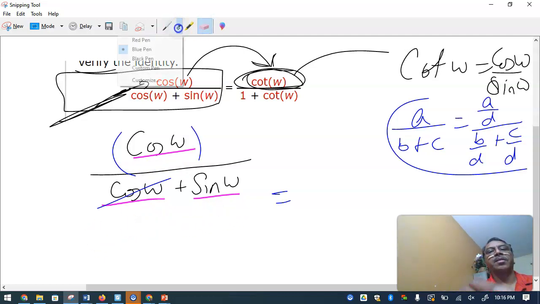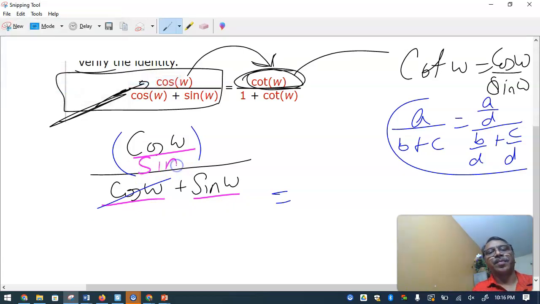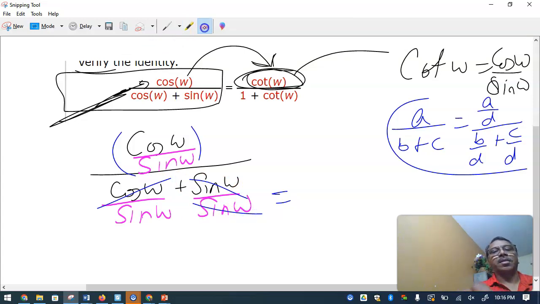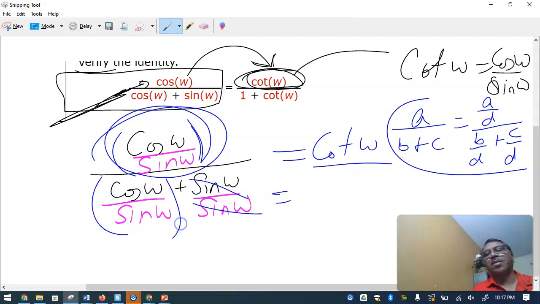So that way we can cross out the blue color. This goes away. And this thing is cotangent, this thing is again cotangent, and this goes away, so you get left with only one, so you're done.